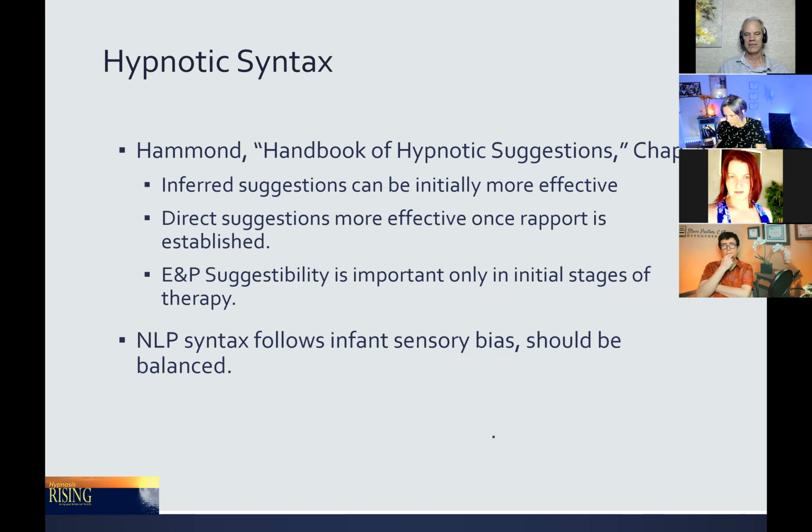One of them concerns inferred versus direct suggestions, because there was a lot of controversy about this. There was this thing about Ericksonian syntax and how you had to make your suggestions indirect and everything like that. And they did some real studies about all this. What they found was that inferred suggestions can be initially more effective, but once effective rapport is established, direct suggestions are always better.